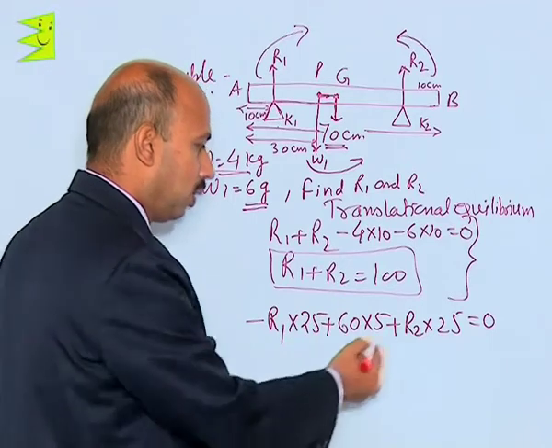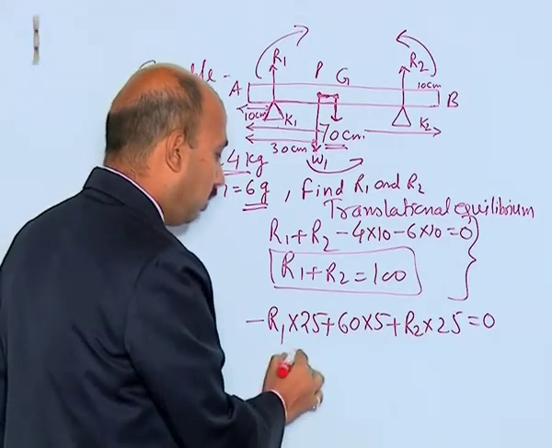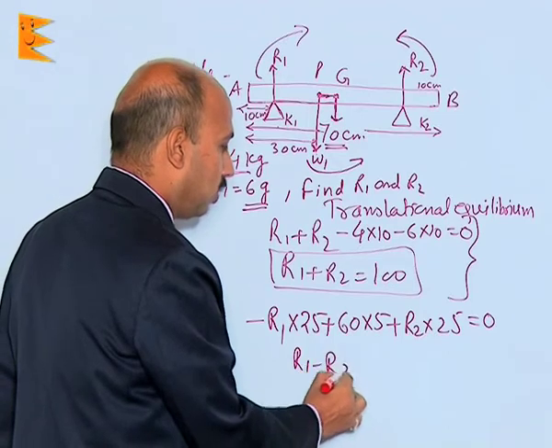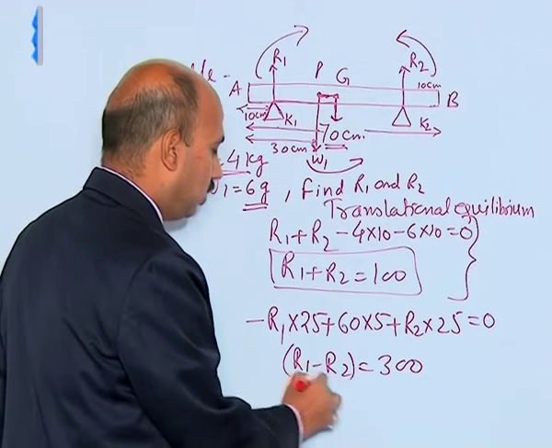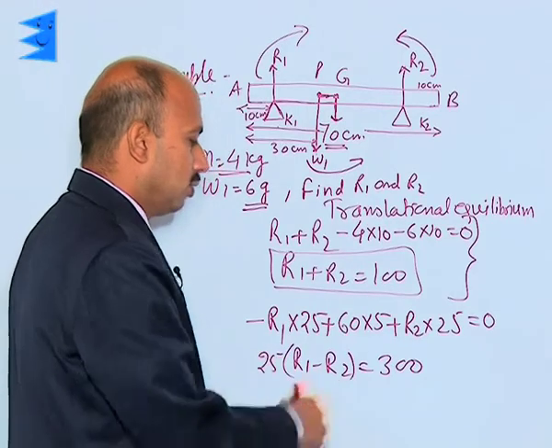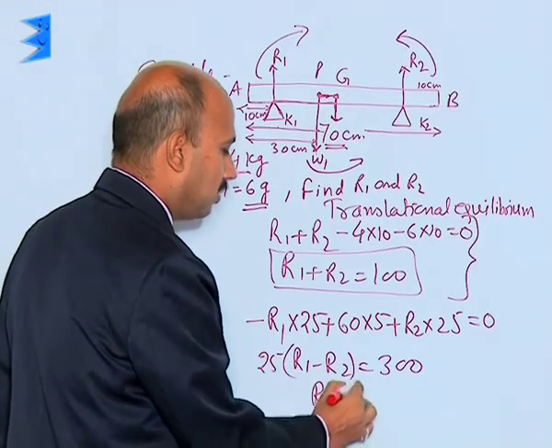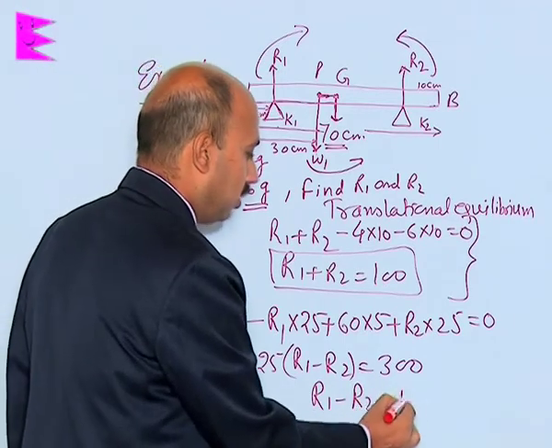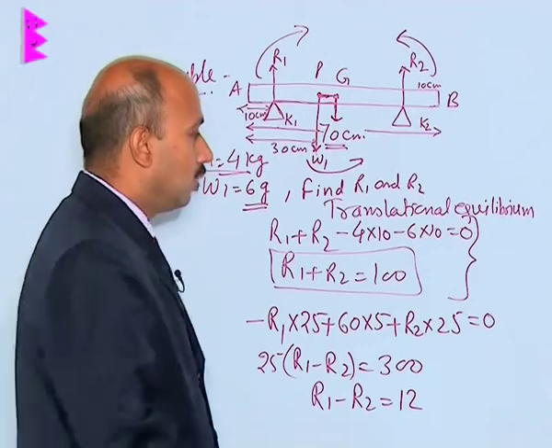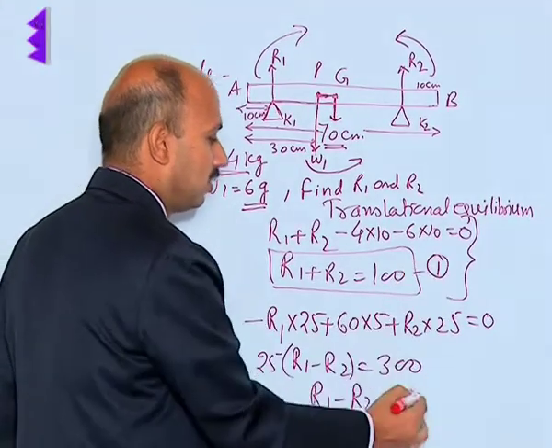So we can write now here in that case R1 minus R2 is equal to here, that is 300, divided by 25. So we can write R1 minus R2 is equal to 12. So there are two equations, one is first and one is second.